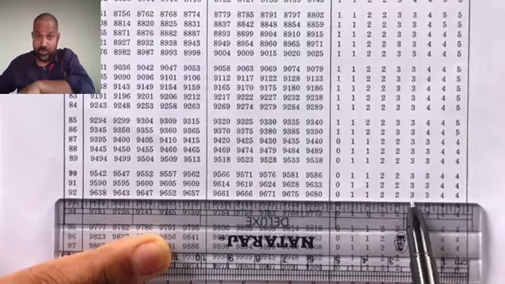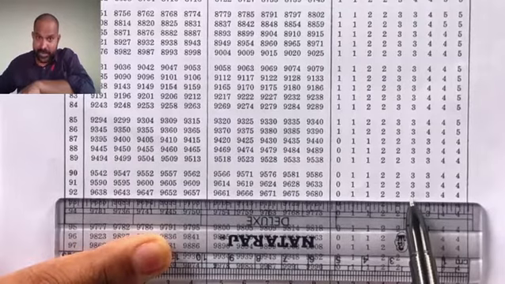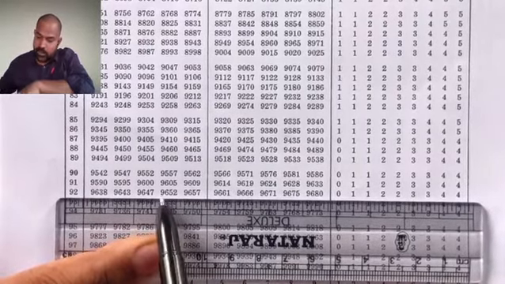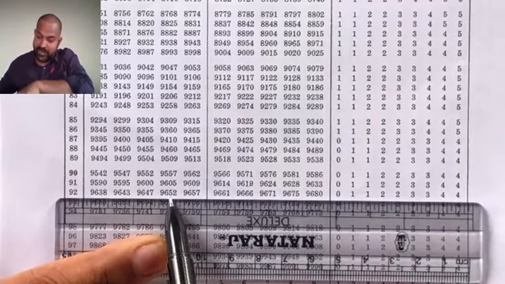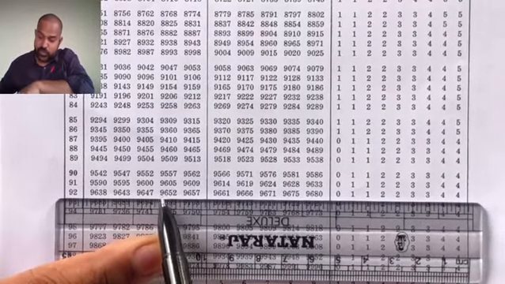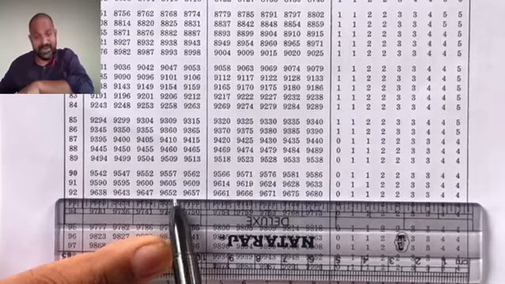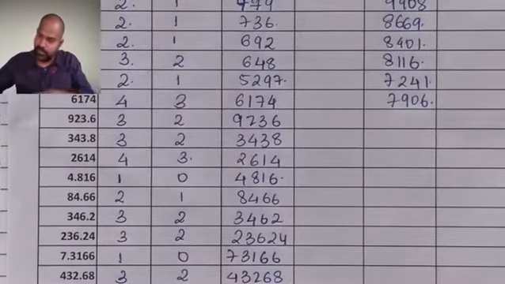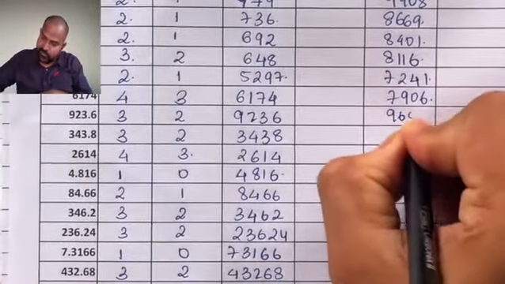So the value is going to be 3 here. So 92, 3 was 9652, and in that 6 is 3. So it is going to be 9652 plus 3, which is 9655. Let's write that down. 9655.